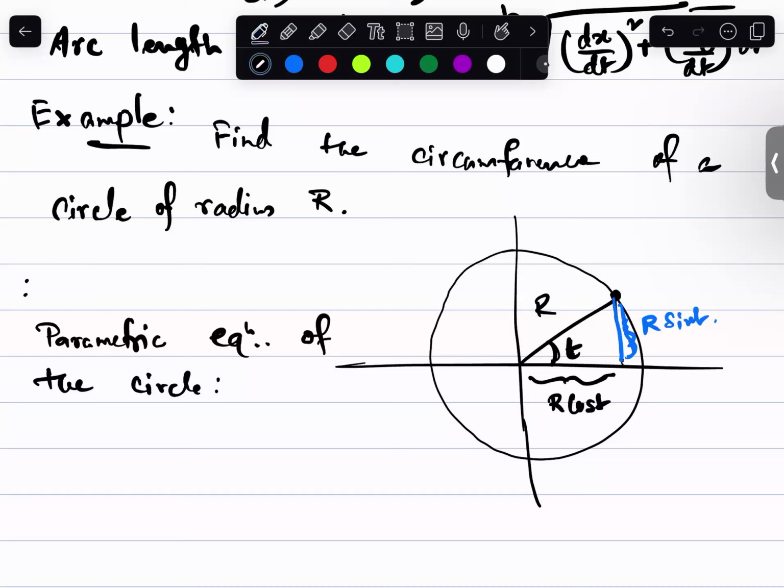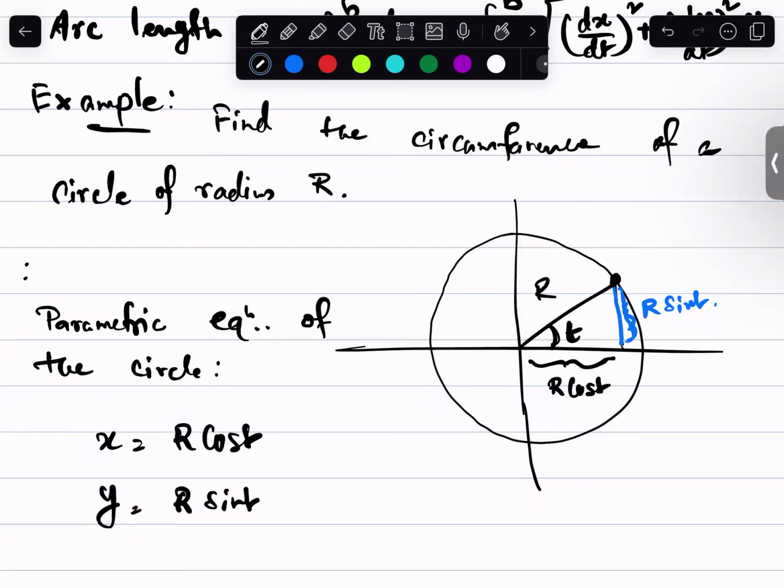So therefore any arbitrary point on the circle will look like this: x is r cosine t and y is r sine t. So basically I just calculated the parametric equation of this circle, and there t should be varying from 0 to 2 pi.